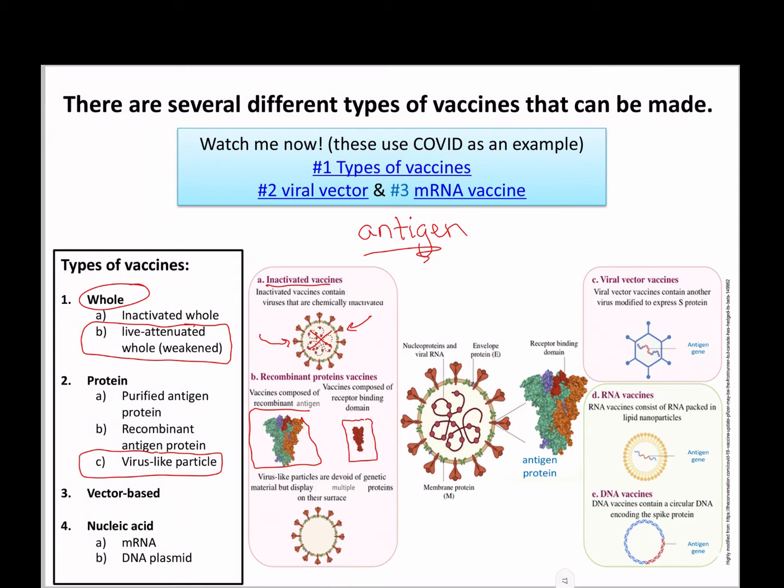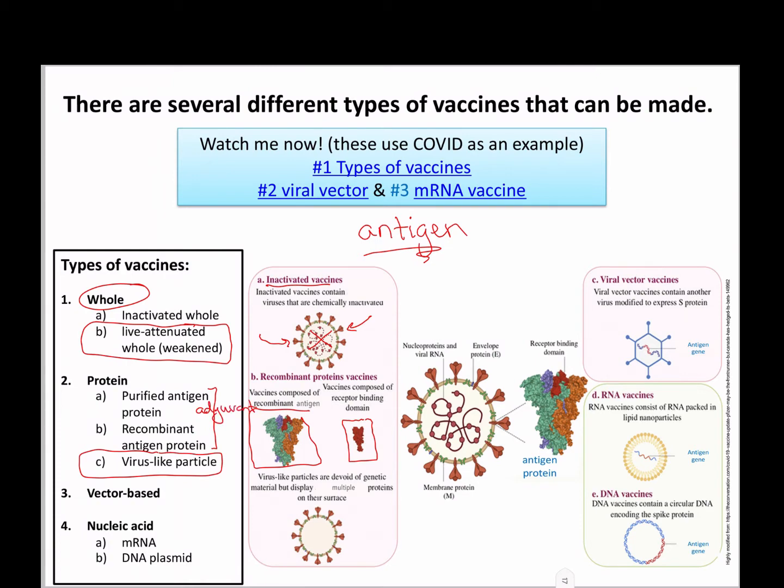Because those single protein antigens are less effective, in order to use these for vaccines, you often have to give what we call an adjuvant, which is a chemical that additionally activates the immune system so that it's more responsive to that antigen protein. So with these, you're often going to see an adjuvant along with it.